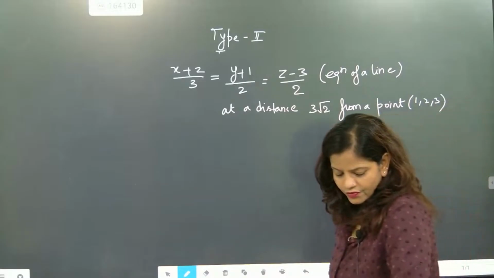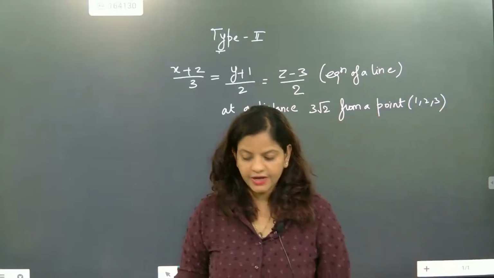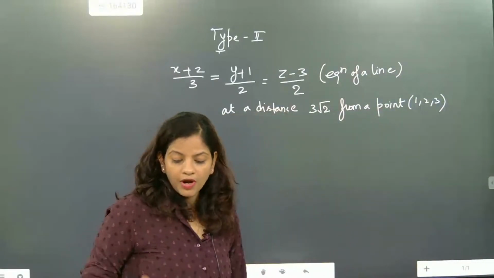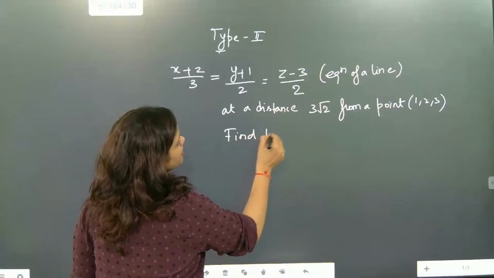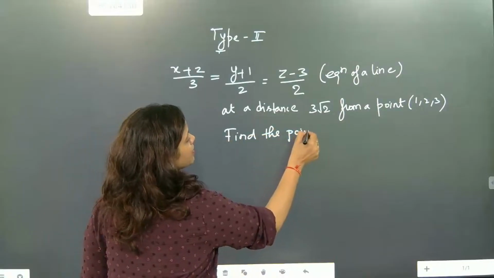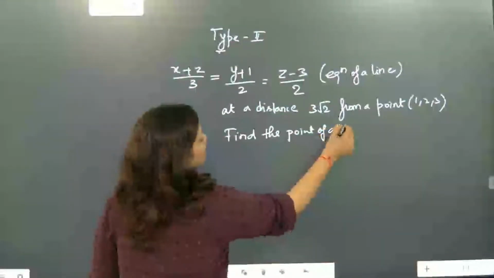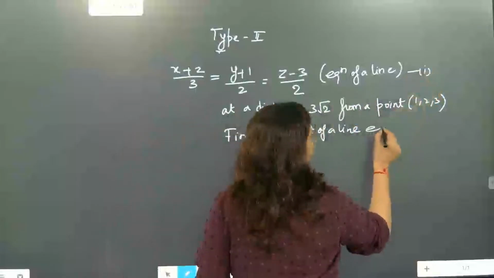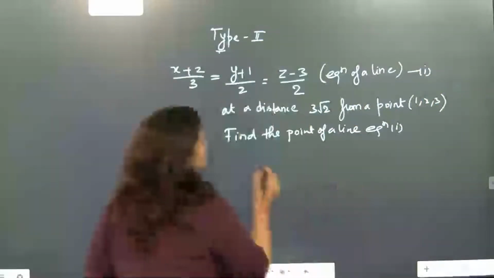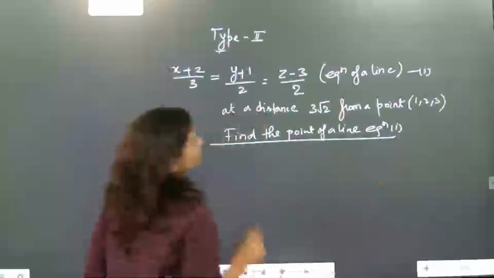Now you have to find the point on a line. You have to find a point on a line. So you have to find the point on a line which is given in Cartesian form, equation 1. So find the point on line equation 1 you have to find.